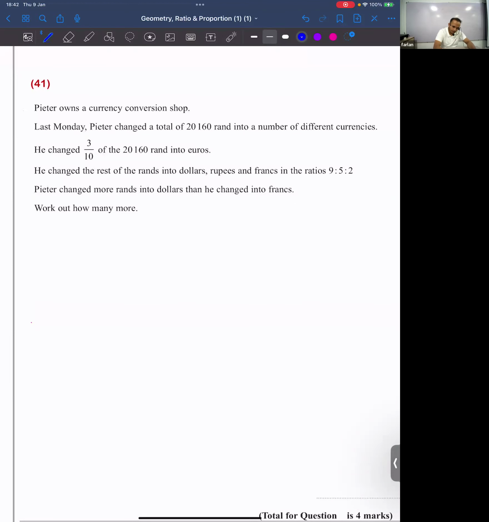Right. So guys, he changed 3/10 of the rand to euros. How many did he change to euros? 20,160 times 3/10 is 6,048. Then the remaining will be 20,160 minus 6,048.